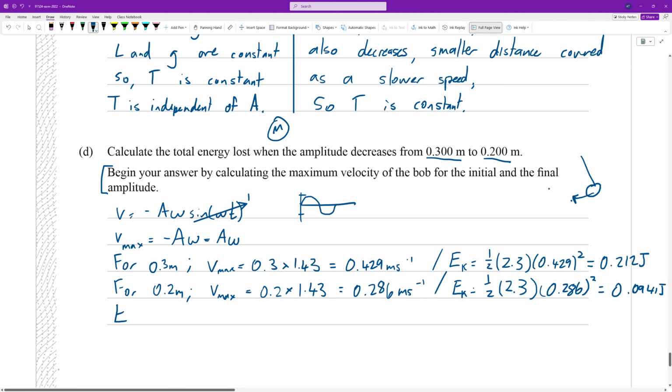So energy lost equals the maximum initial kinetic energy, take away the maximum final kinetic energy. 0.118 joules. And that is a merit question.